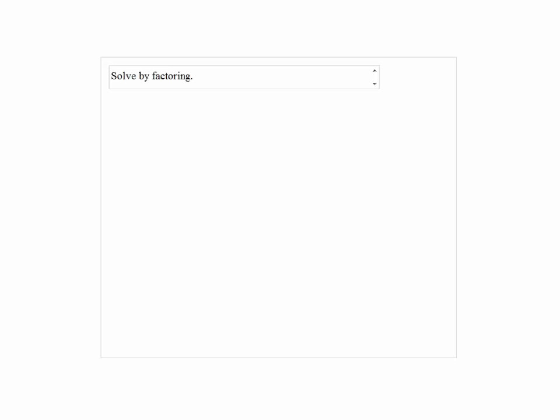Solve by factoring. 10y squared plus 15y minus 45. We have 5 in common between these three terms, so we factor the 5.